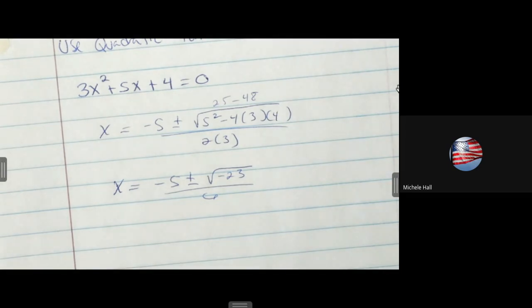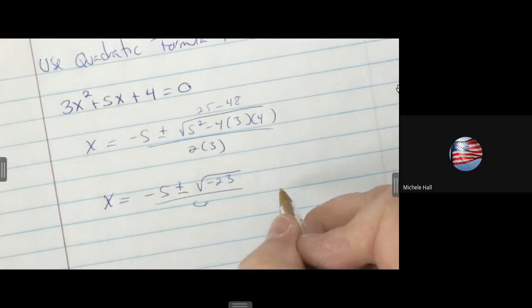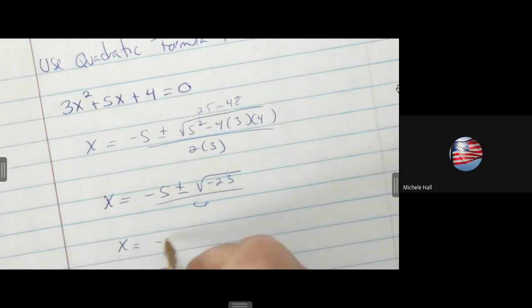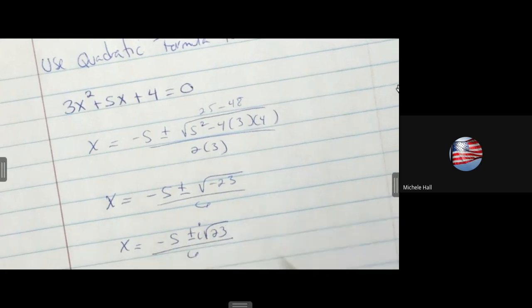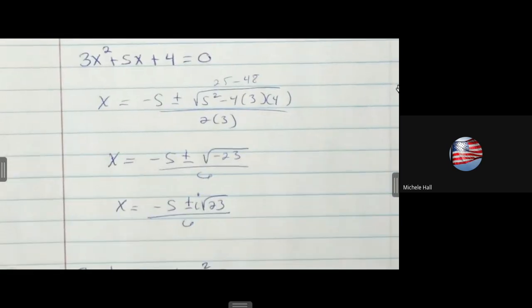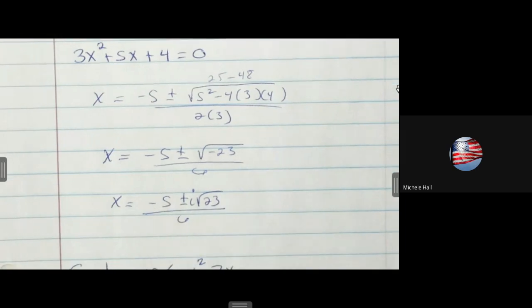That's it. That's a final answer. Unless, oh, actually, it's one more thing. We have x equals negative 5 plus or minus the square root of 23i over 6. There's nothing that can be simplified from all three terms. The square root does not reduce. So I would leave it like that. Even if it didn't have i in it, I would leave it. If it just says use the quadratic formula to solve, that would be it.